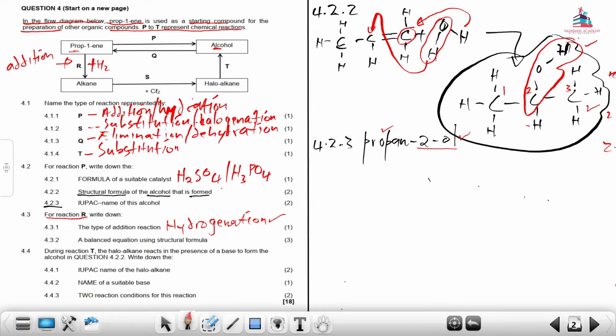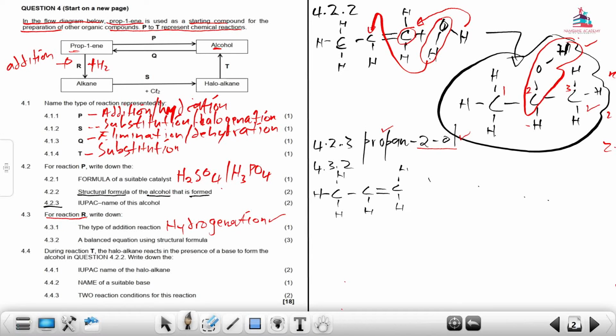Now at 4.32, write down a balanced equation using the structural formula. That is very, very important. So we are at 4.32 using the structural formula. We must now draw prop-1-ene as 1, 2, 3, double bond, with hydrogens on each carbon, and I am happy that all the carbons have a maximum of 4 bonds.